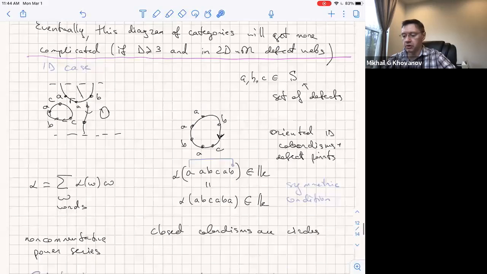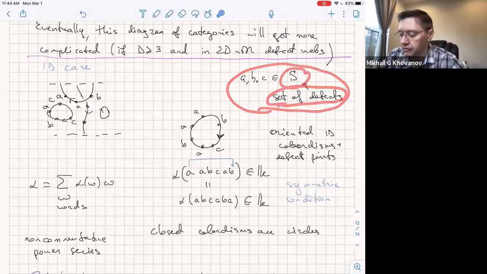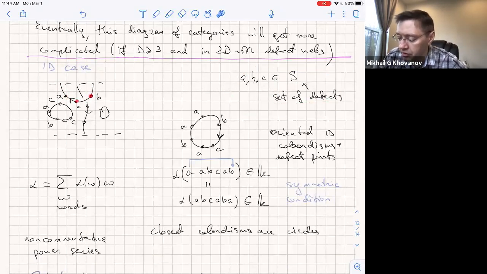But you can do much more if you add decorations, if you add defects. So what we do is add dots on our one-manifold, at the zero-manifolds, and we label them by elements of a set S, a set of defects. We put a label which is an element of S, for example B, A. In this way our cobordisms now carry these defects.